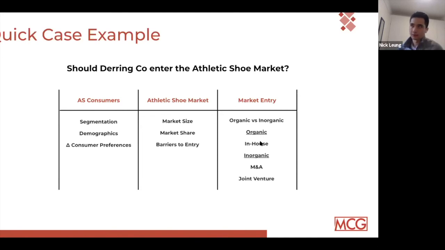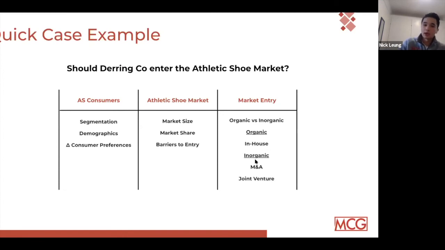For example, you want to examine your current manufacturing capabilities and see if they can be transferable to the athletic shoe market, or if they are very specialized towards the casual shoe market. What are the current channels that we have? Who are the stores that we're selling to? Do they also target customers or have customers that are in the athletic shoe market?